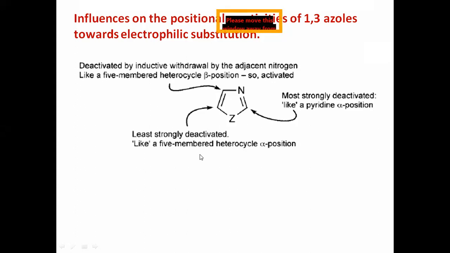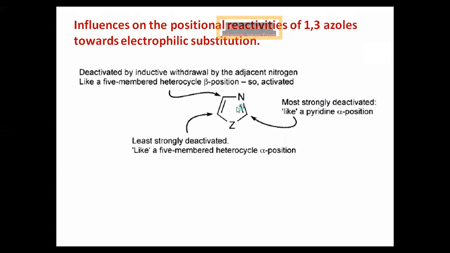But among these deactivated three carbon sites, this position 2 is the most strongly deactivated, because it is present between two electron withdrawing or electronegative atoms. Similarly, if you compare these two, reaction will not take place at position 2 in the five-membered ring.